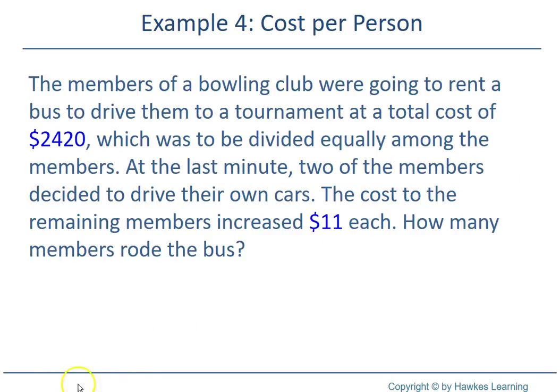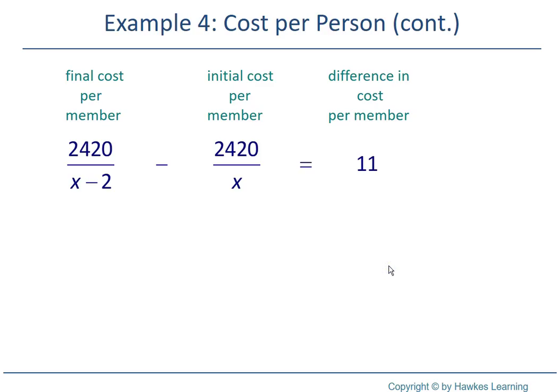So let's see what we get here. And there's our equation. So again, this is a larger amount average. This is the regular amount if all of them took the bus, and the difference is this.